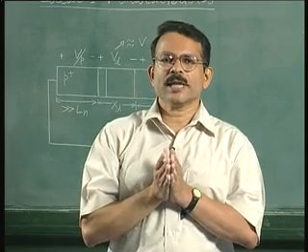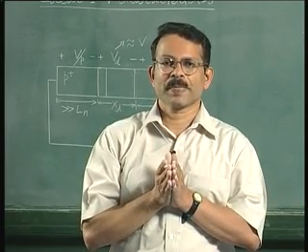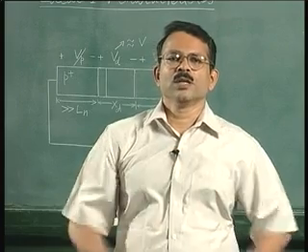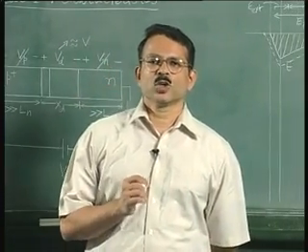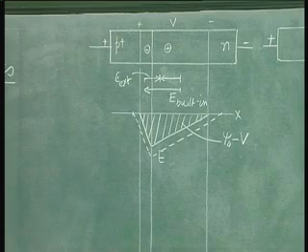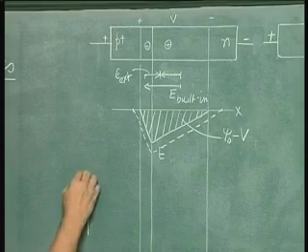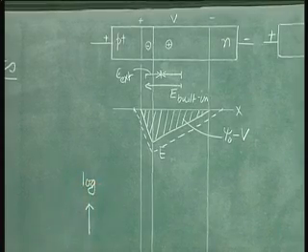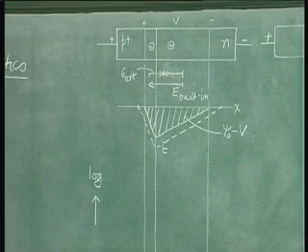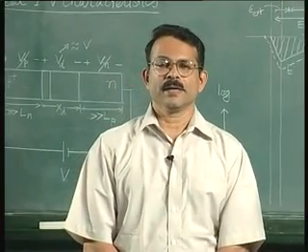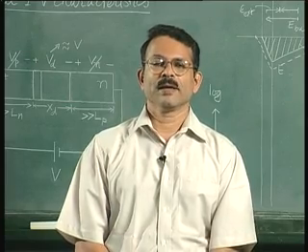Next, let us try to plot the electron and hole concentrations under applied bias conditions. Since we are showing both the electron and the hole concentrations, we must show them on a log scale. To begin with, let us see how we had sketched the variations of n and p under equilibrium.